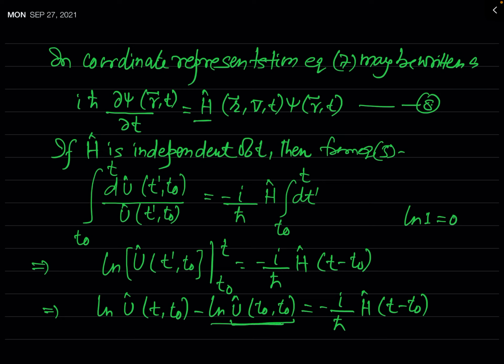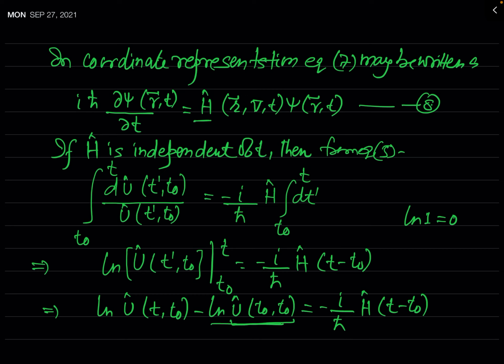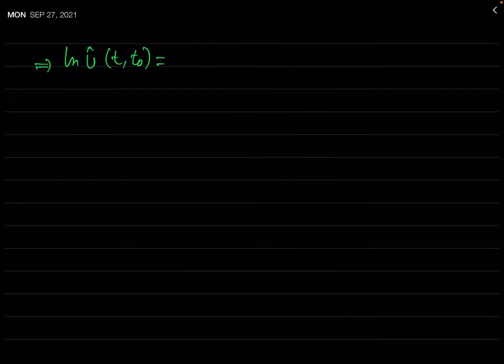So this second term in the LHS will be 0, and so we have only ln U hat(t, t0), which is equal to minus i over h bar H hat times (t minus t0).